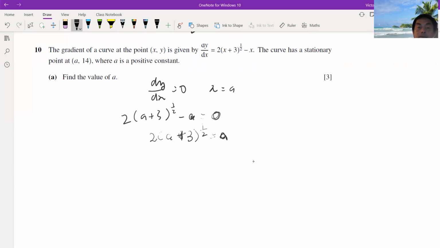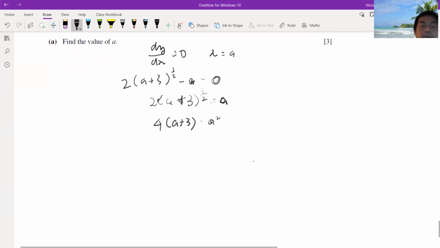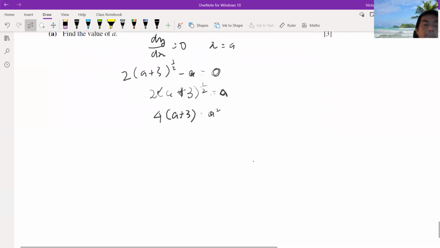This battery is conking out. So squaring both sides of the equation, you get 4 + 3 equals A squared. Okay. A squared minus 4A minus 12 equals 0.